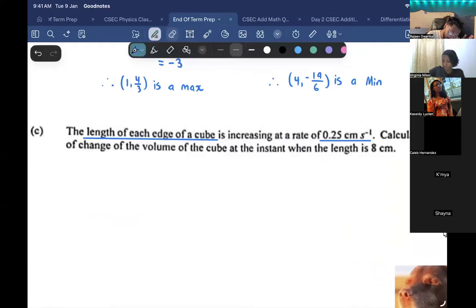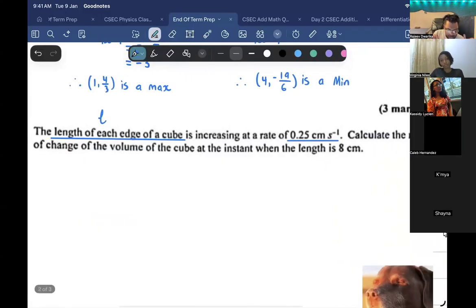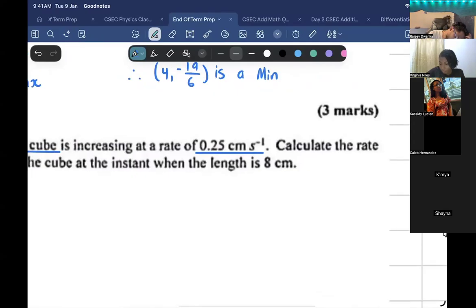They're saying the length of each edge of a cube. What do you want to call the length? S or L? L. Okay. So they're saying that the length is increasing at a rate of 0.25 centimeters per second.